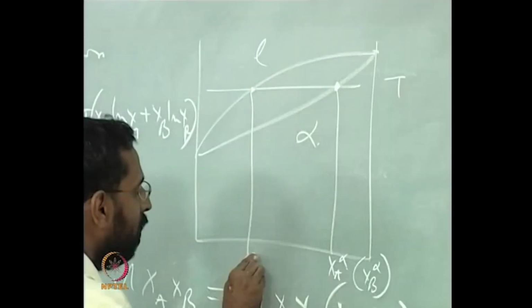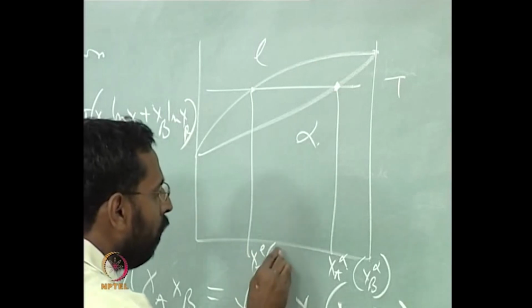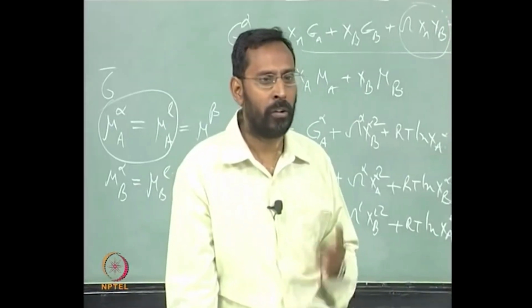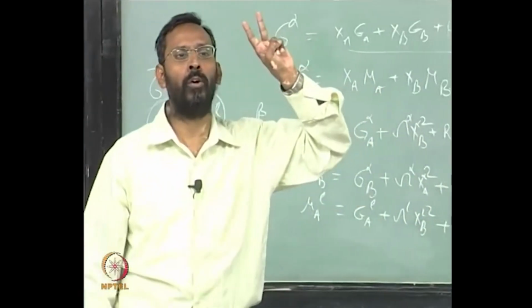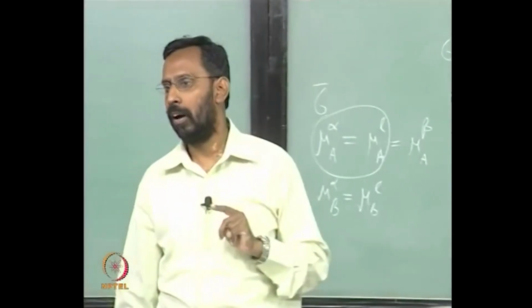Similarly here, XA liquid or XB liquid. Once I know one of them, the second one is known to me. So these two compositions are to be found at each temperature. That is our interest when we say we want to calculate the phase diagram. So at each temperature I have two unknowns: one is the composition of the liquid, another is the composition of the alpha.